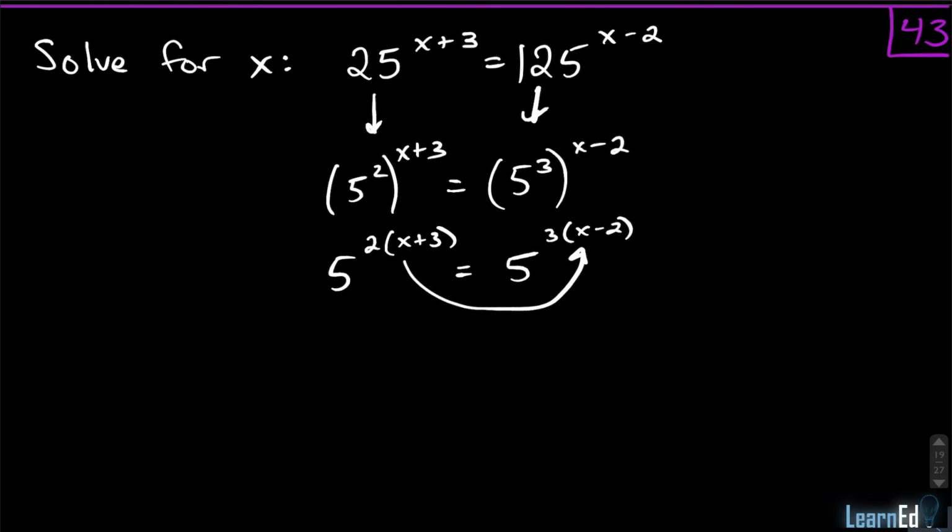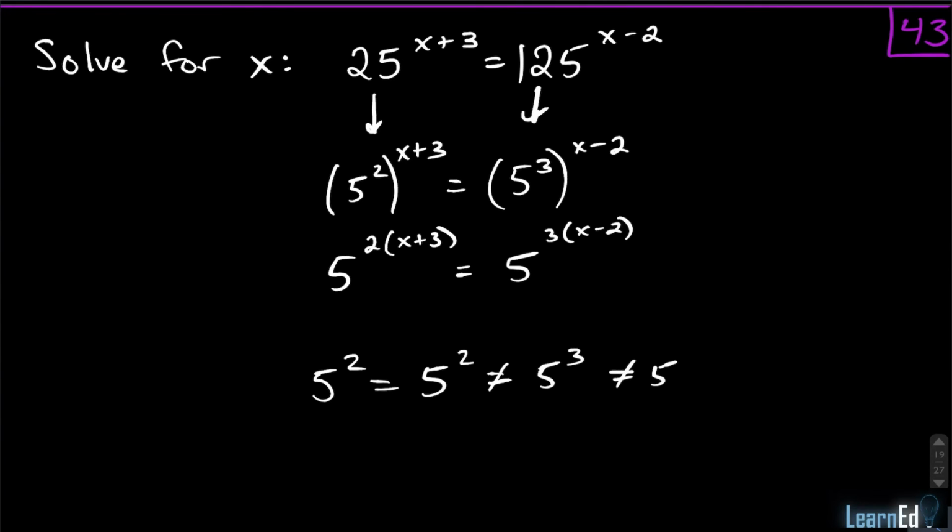If you don't believe me, think about it: 5 squared equals 5 squared. It doesn't equal 5 cubed, or 5 to the first or 5 to the 0. When you have common bases, the exponents have to be equal to each other.